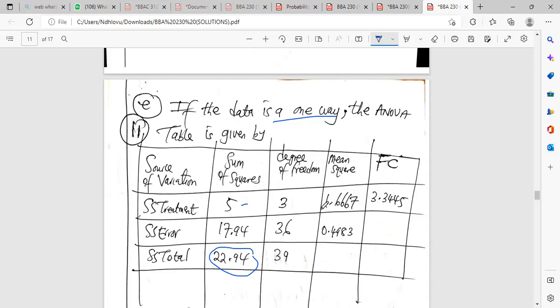And then to get the mean square, you're simply dividing 5 by 3. You are getting that column there. This one divided by 36, we are getting the other column. Then to get F calculated, it is the division of these two. This one divided by the error as a constant to get the figure here.